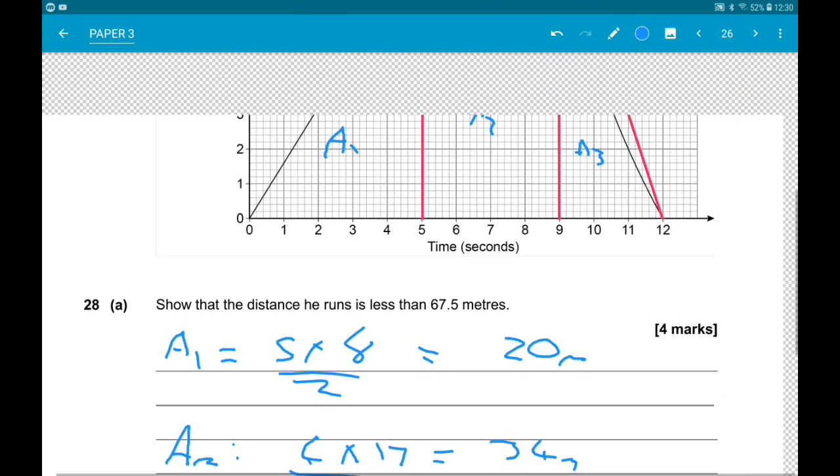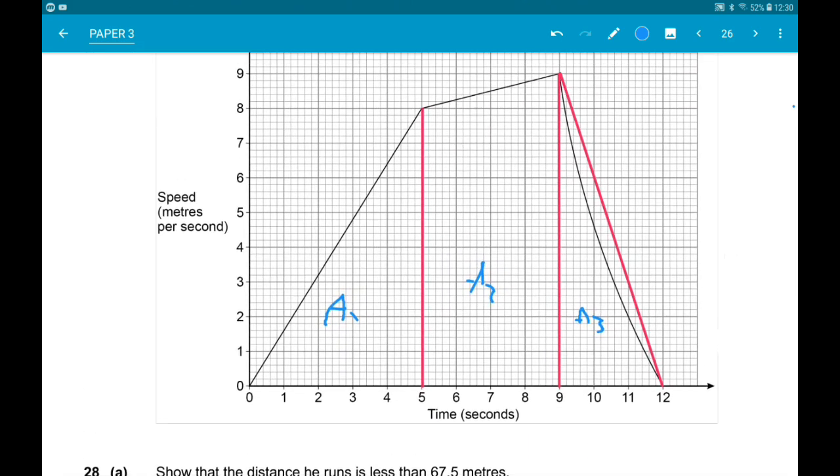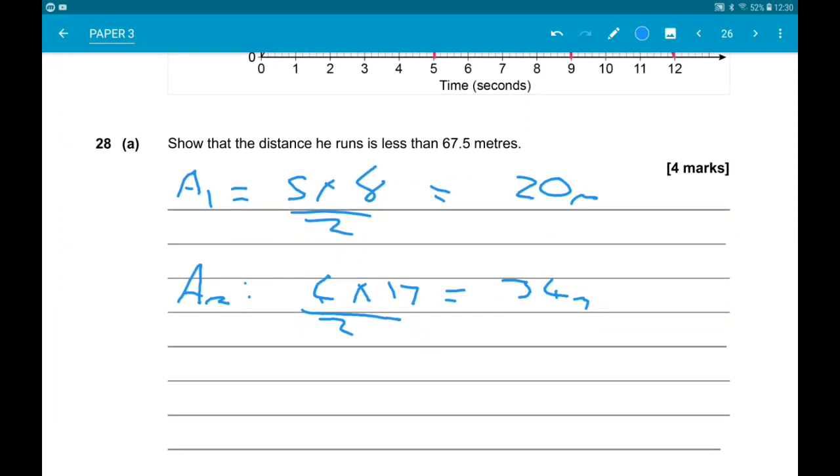Okay, and then A3 again is a triangle. This time it has a base of 3 with a height of 9. So A3 is 3 times 9 over 2, which is 13.5.